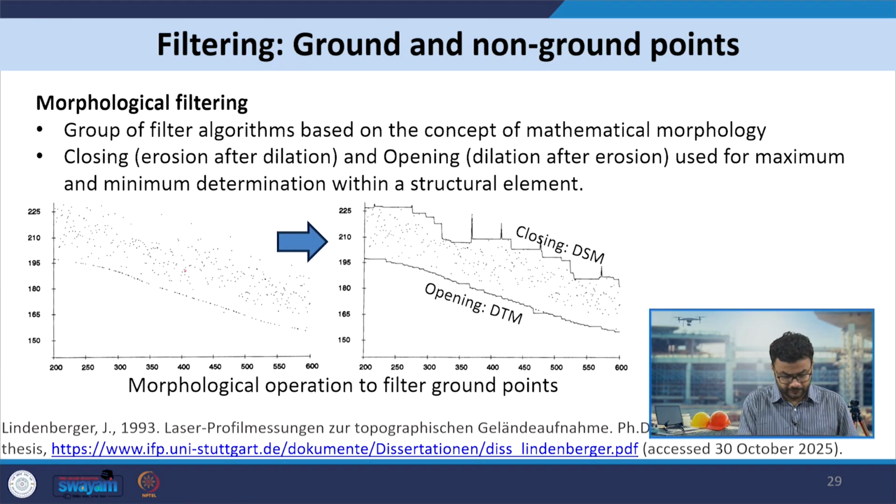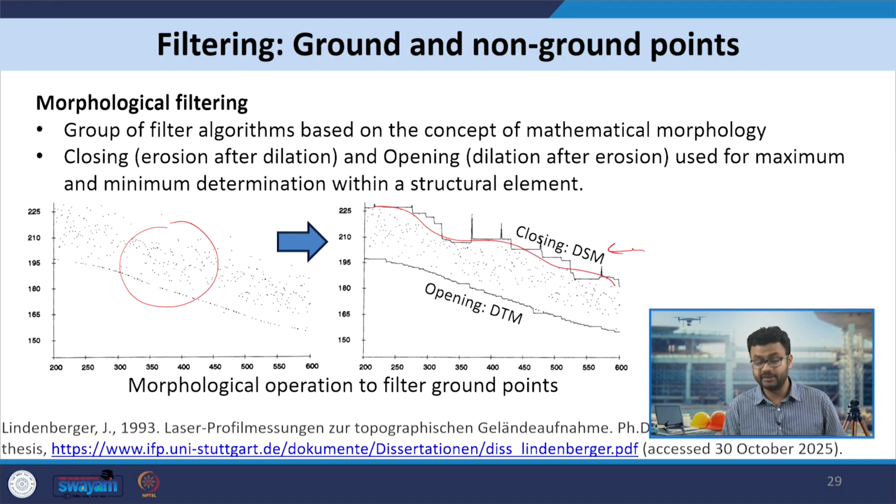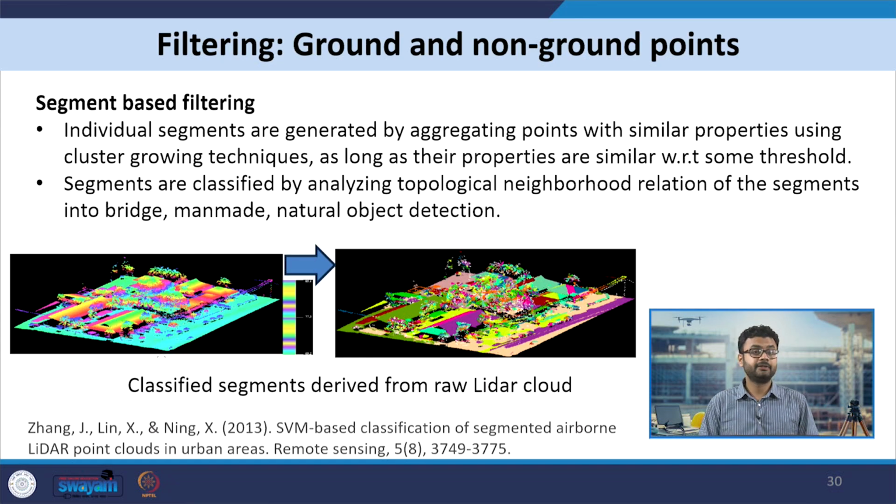If we perform the closing operation on this point cloud, we can identify the top of the surface, which is equivalent to a DSM. If we perform opening, which is dilation after erosion, it can detect the digital terrain model or the ground surface like this.